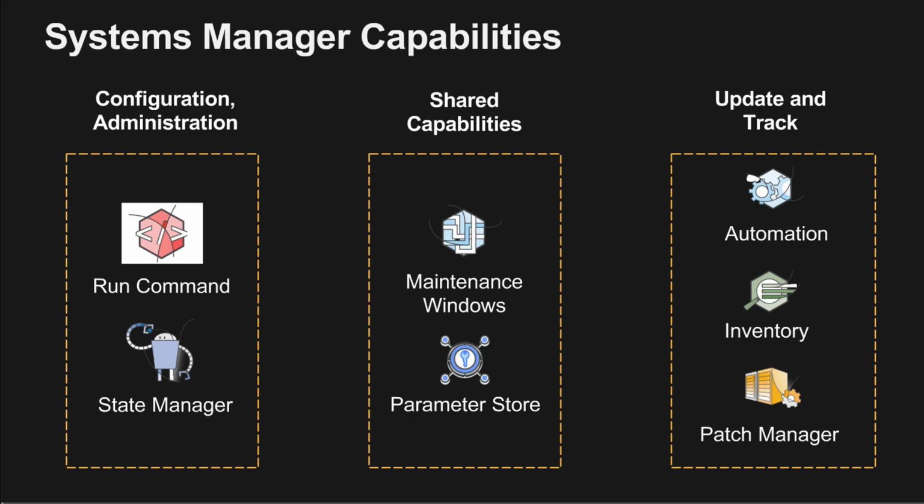We have a variety of different commands we support, things from joining a domain to updating AWS agents and components. So Run Command is a very foundational service, and it even supports ability for you to throttle execution. So we'll definitely cover that in our session that we're going to be hosting next month with Ananth.